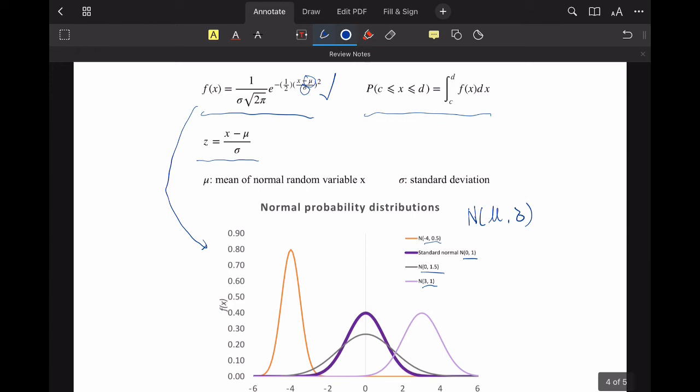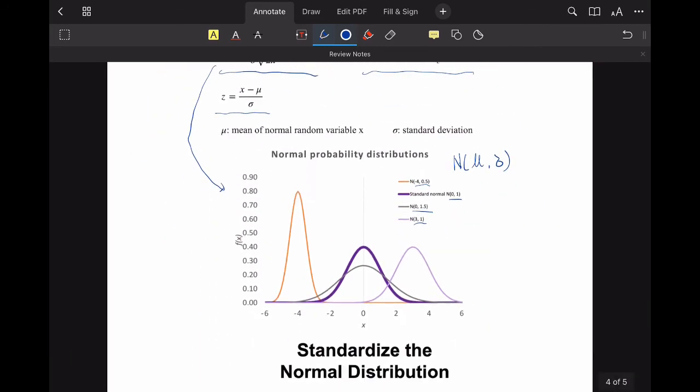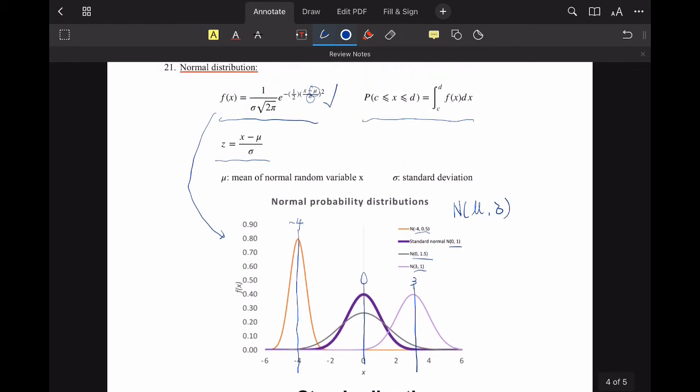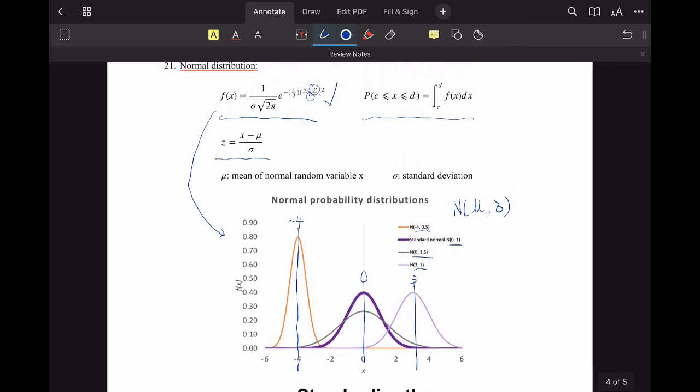The mean, mu, really just decides the symmetric axis of the graph, right? You see different mu has different symmetric axis. This is -4 here, these two are 0, this one is 3. And the standard deviation, sigma, just decides how wide the graph is, right?